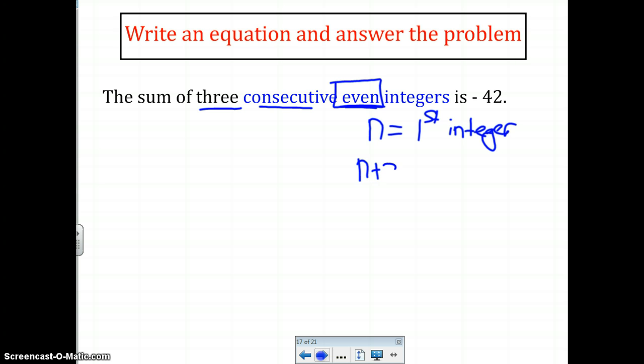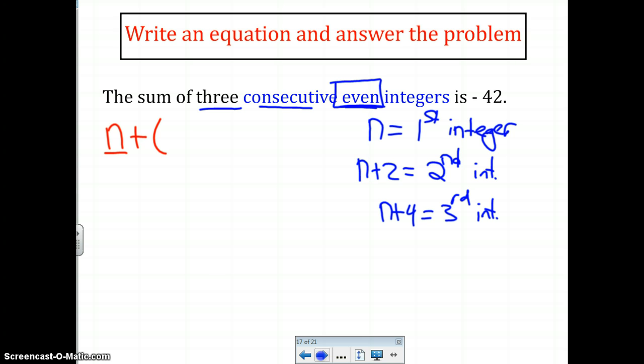If I go n plus 2, I'll get my second integer, and n plus 4 will get me to my third integer. So knowing that, I know that n plus n plus 2 plus n plus 4 ends up equaling -42.